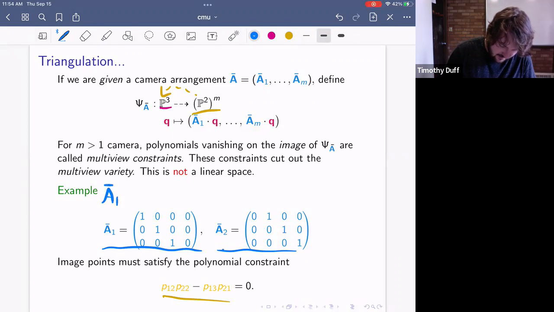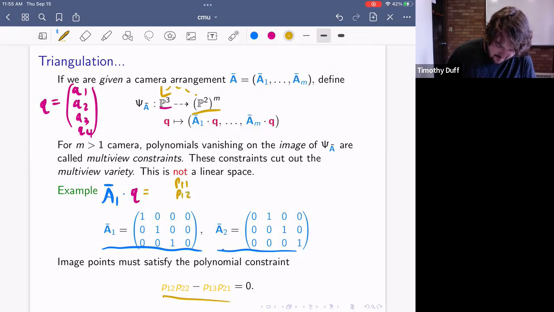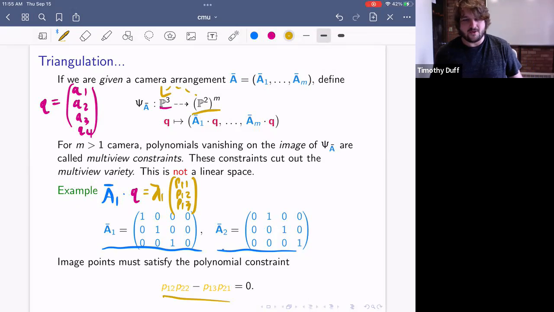If I take my given camera matrix A1 times the world point Q, and let me just write out the coordinates of Q as Q1, Q2, Q3, Q4, then I'm saying that should be equal to some point in P2, the first image, P11, P12, P13, but it's equal up to scale. So there's actually this depth, lambda 1, that makes this equality true.